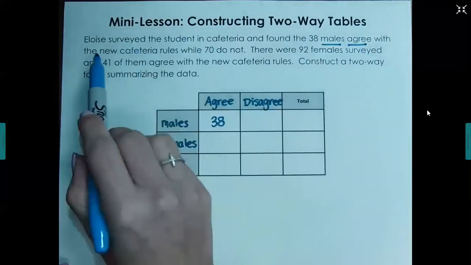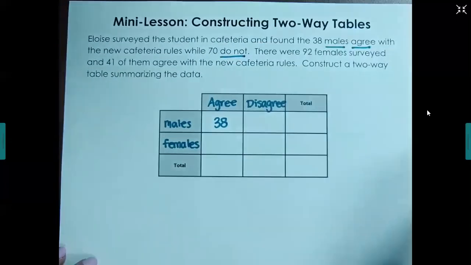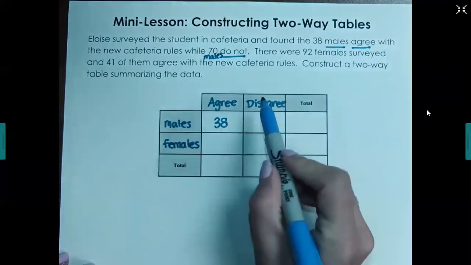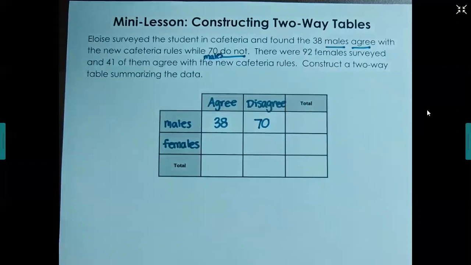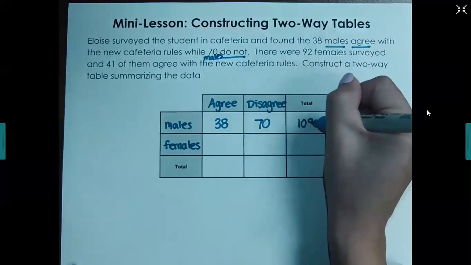And then it said with the new rules, well, 70 of those males do not. So 70 males disagree. Well, I have enough information now to tell me what my total number of males surveyed was. 38 plus 70 is 108.